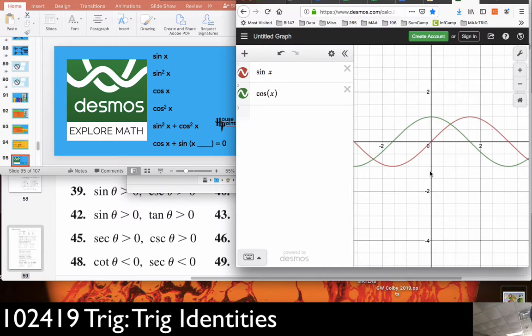At this small angle theta, the y value is very small, and the r value is pretty big. A small value divided by a big value is going to be a small positive value for sine. Whereas for x, here's the x value, which is pretty similar to the r value, so it's going to be close to 1.